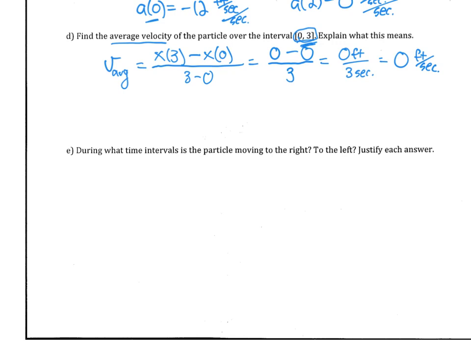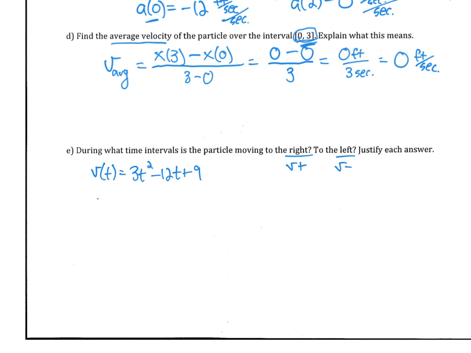What we're going to want to do is take our velocity function that we did before, and we've got v of t equals 3t squared minus 12t plus 9. And we're going to want to check for where the velocity is positive and also check for where the velocity is negative.